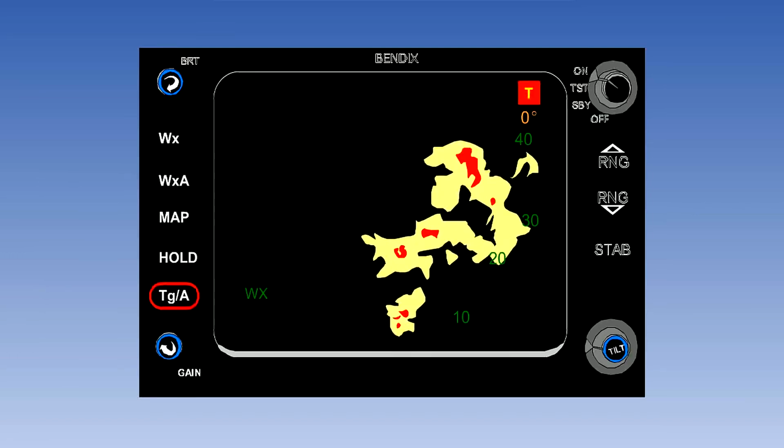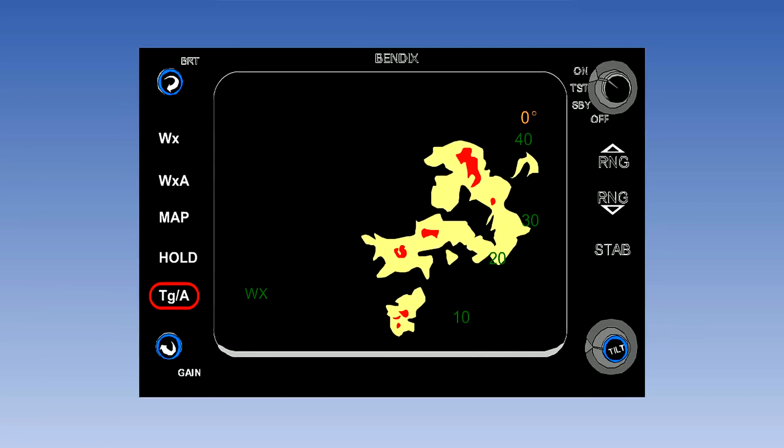The target alert button alerts the pilot to a storm return off contour strength. If no such clouds are present, the screen shows a yellow T in a red square. If a contouring cloud is present within 60 to 160 nautical miles and plus or minus 15 degrees off heading, a yellow symbol TGT flashes on and off within a red square.